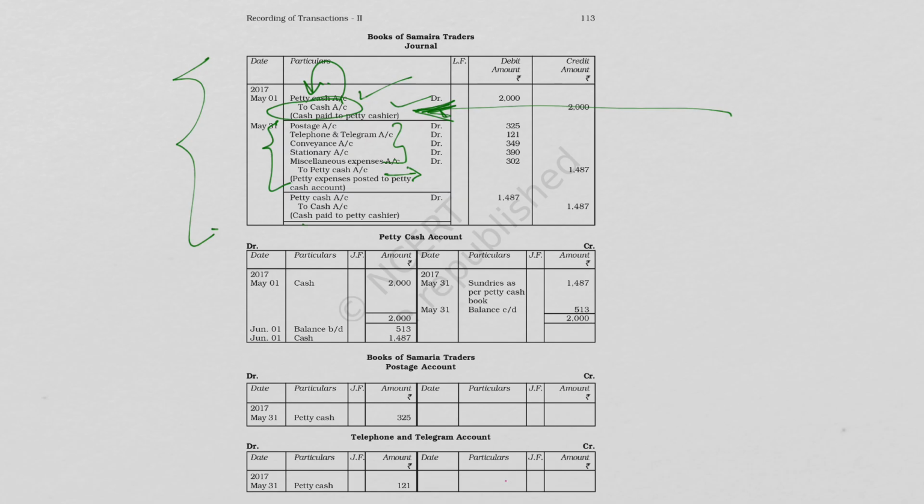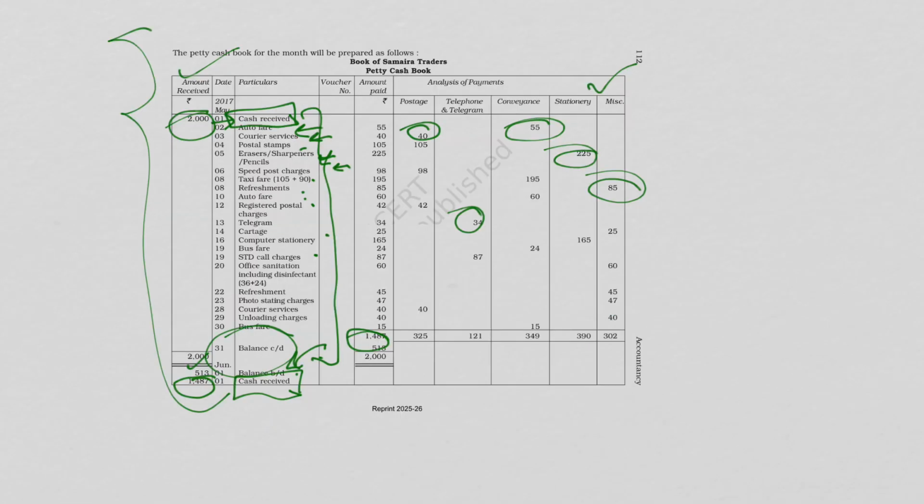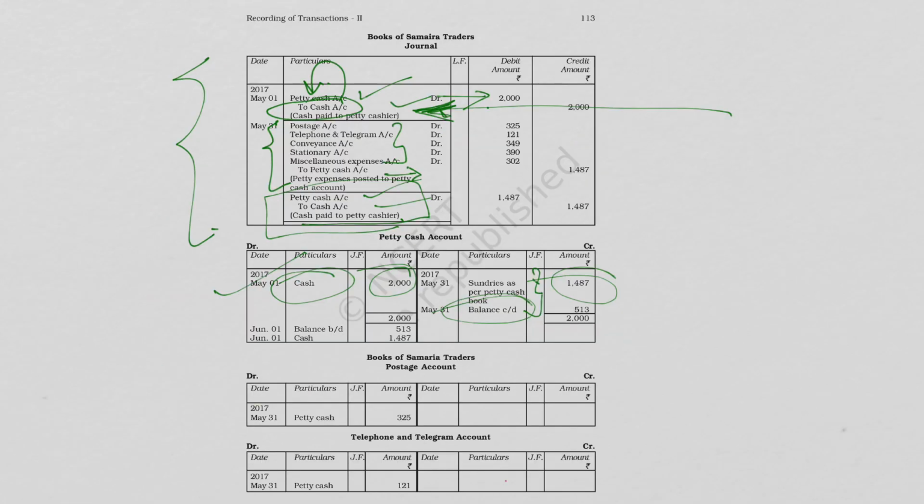Whenever cash is paid once again, petty cash account is debited to cash. Here we write to cash account 2000, and sundry expenses we record here, balance carried down. These expenses that I mentioned, conveyance, postage, stationery, are all debited to the respective accounts.